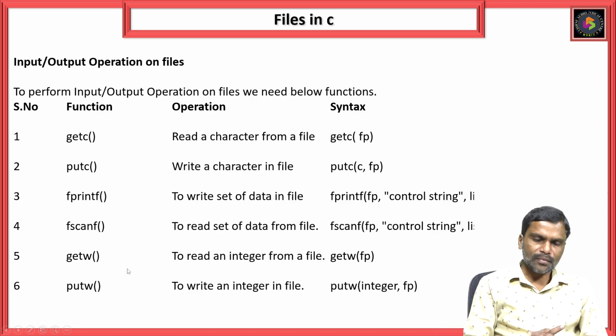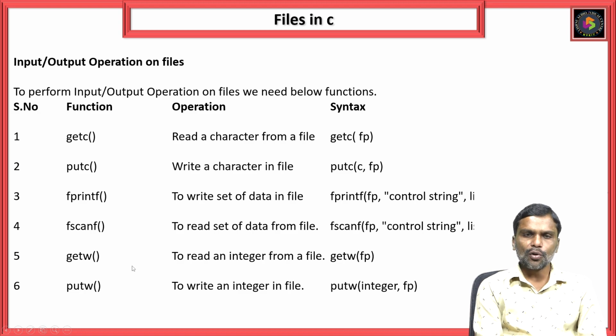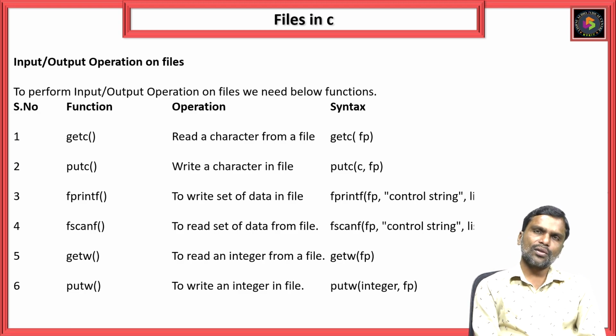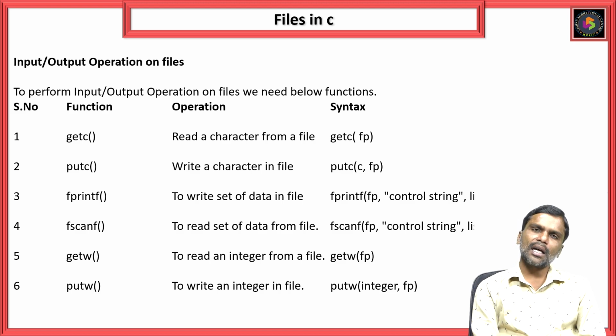So from this table or this class, you can understand that input output operations can be performed with the help of 6 functions. Among those 6 functions, we have seen fprintf and fscanf in the previous example, and these are replaced by unformatted input output functions on files.